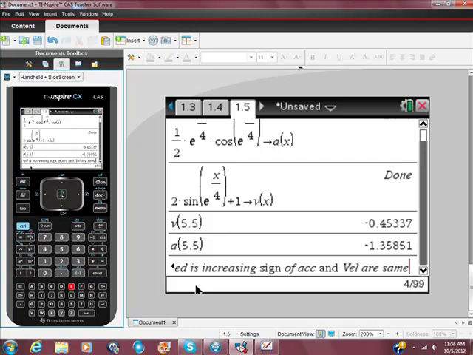And that would be my explanation. Except you'd be able to read the whole thing. We good? So I would definitely put in v of 5.5, that value. Then I write in a of 5.5, put in that value. And then you have to have a sentence to give to your reader that says, this is the conclusion I'm drawing because of these two things.